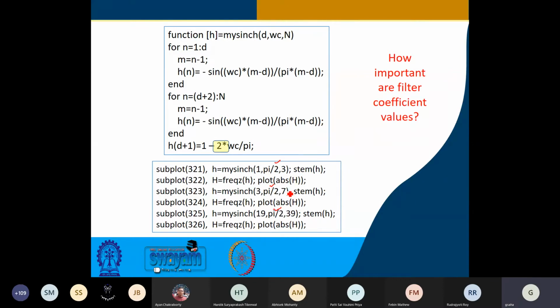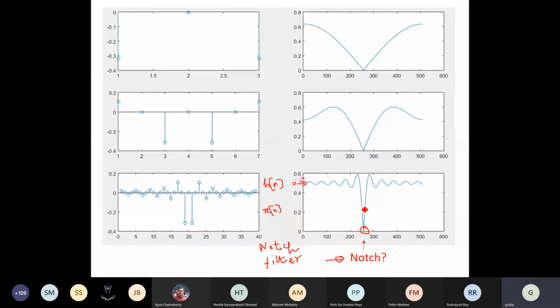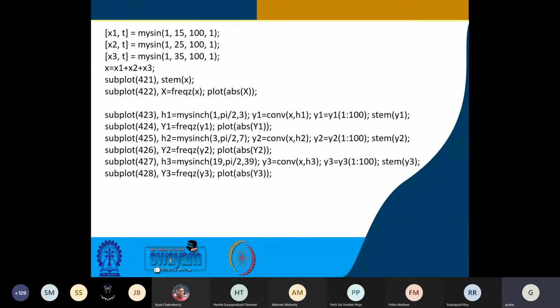So we can understand that if we have multiple sinusoids, and one of the frequencies is at this particular frequency, it is expected to get eliminated, right? So we just see whether it is happening in that manner or not.